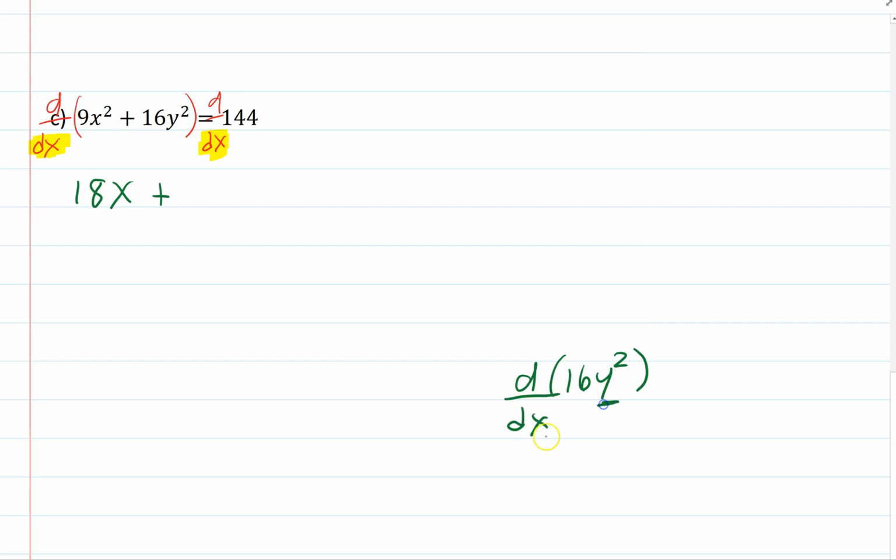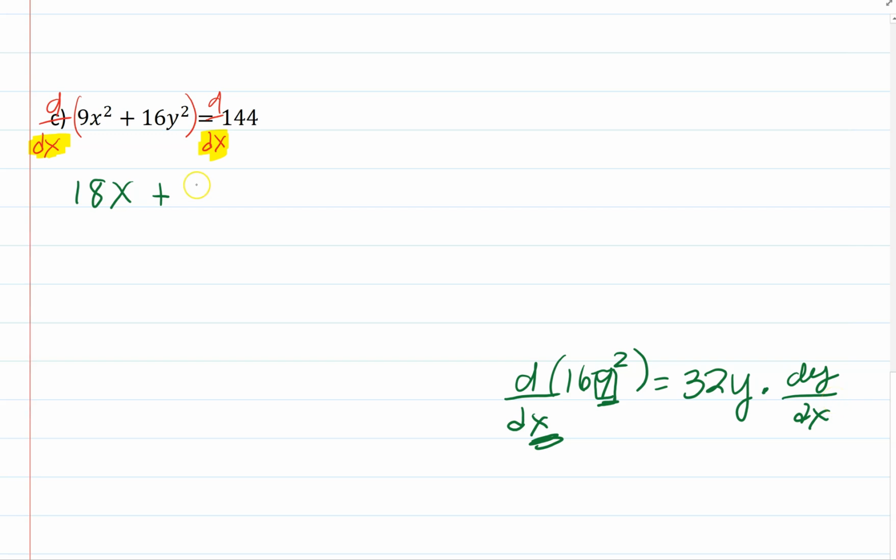You see how the letters are not the same, right? So you think of y as a function in terms of x, so y is an inside function. Then you move the exponent down, so that's 32y multiplied by the inside derivative, which is the derivative of y with respect to x.